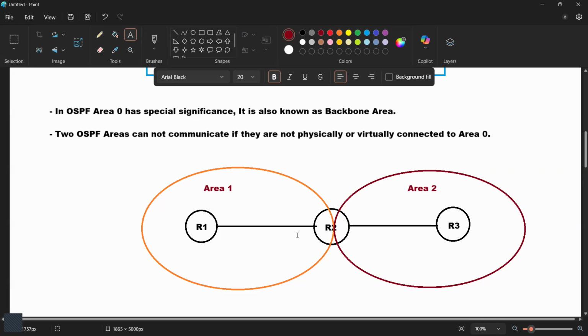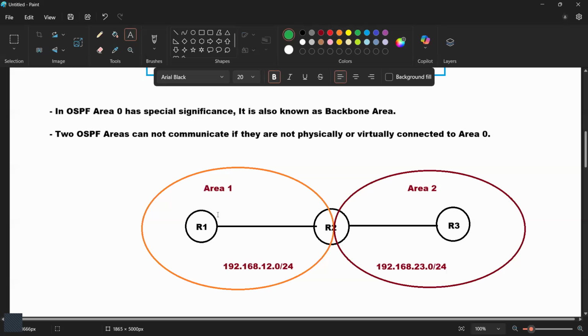Now understand, R1 will not communicate with R3, even if, let's say, you are using the network 12.0/24 here, and this side you are using the network 23.0/24.